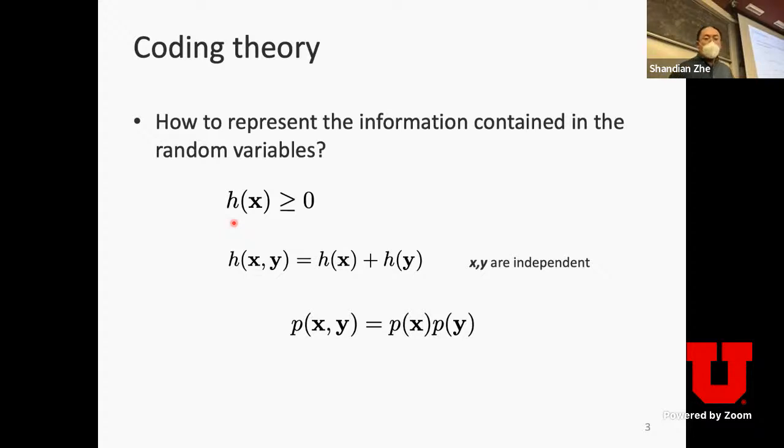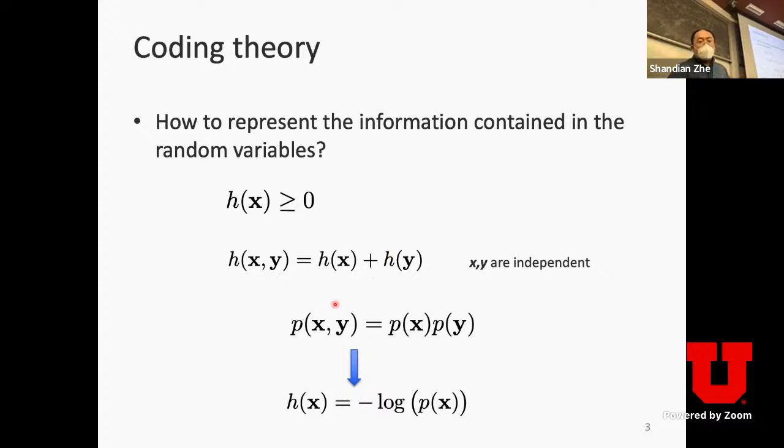We know that if X and Y are independent, then their joint probability is the product of their marginal probabilities. So there seems to be some kind of correspondence between the two. If you take a logarithm over that and take the negative, defining your measurement H as the negative logarithm of the probability, you satisfy both of these properties.